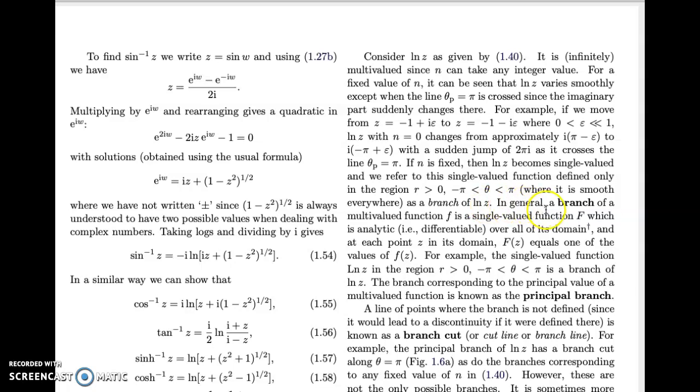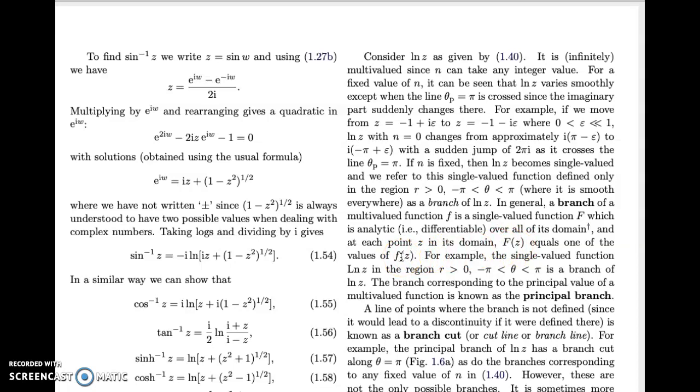And in general, a branch of any multi-value function f is a single value function, big F, which is analytic, which we'll define shortly, over all of its domain, the input values. And at each point in its domain, F of z equals one of the values of the multi-valued function f.